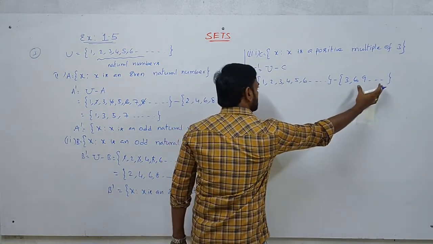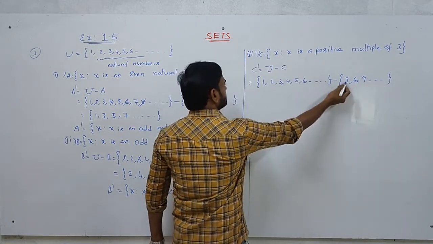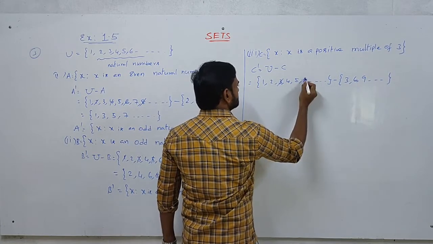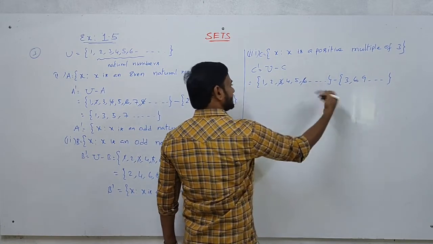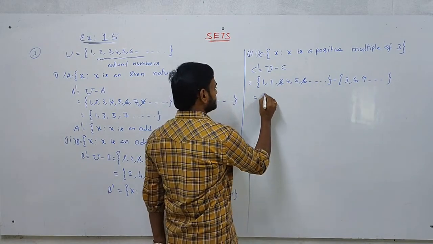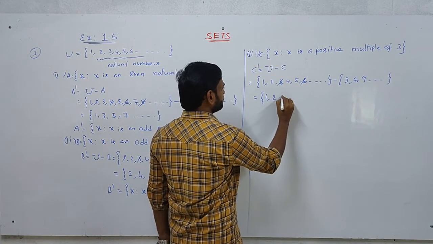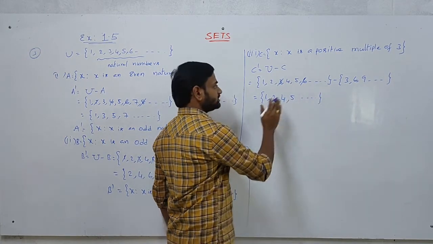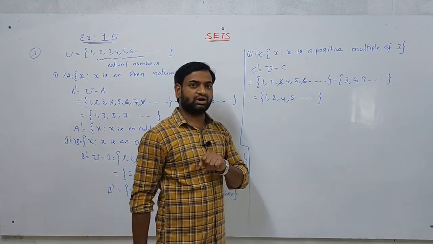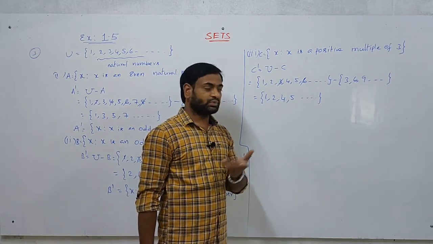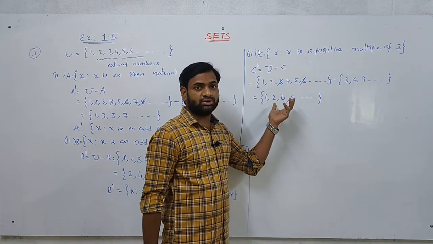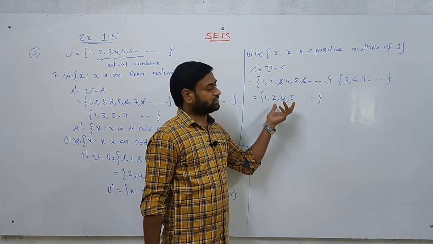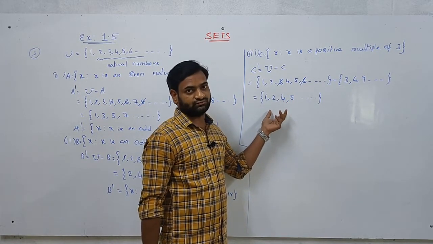Eliminate all these elements from this one. 3 is there, 3 cancel. Next 6 is there, 6 cancel. 9 is there, 9 also cancel. Now what is remaining is 1, 2, 4, 5 and so on. These are not multiples of 3.